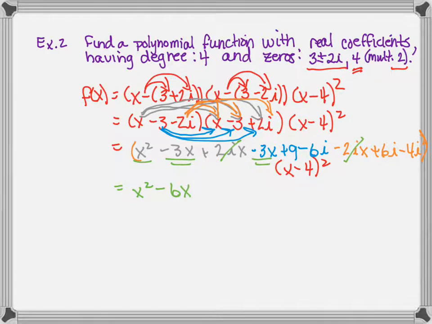My 2ix's cancel. I have 9, so plus 9. And my 6i's cancel. And then I have negative 4i squared. But remember, i squared is negative 1, so this is negative 4 times negative 1, or plus 4. So that's essentially the first factor. And then I still have my (x minus 4) squared.